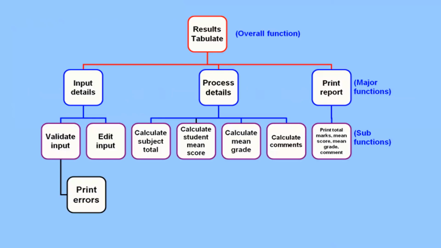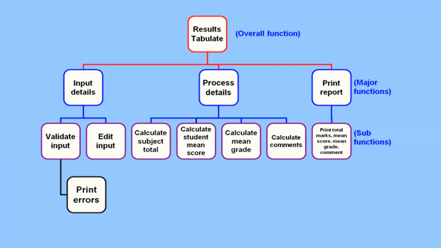So here, my dear students and the rest of the learners, I have broken down the problem of tabulating students' results in terms of how it is structured and modularized. The overall function of my program is tabulating students' results, so the overall function is results tabulate.